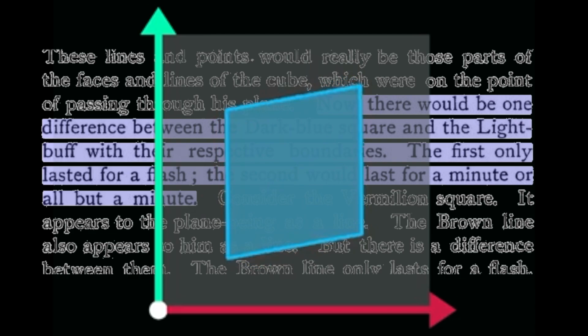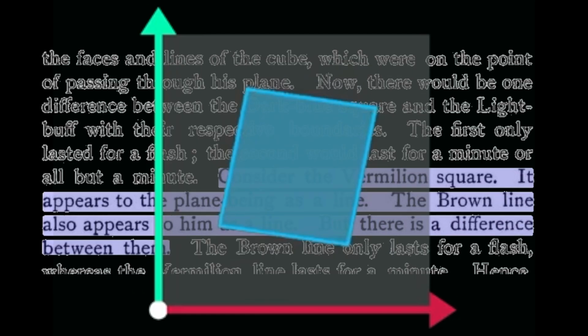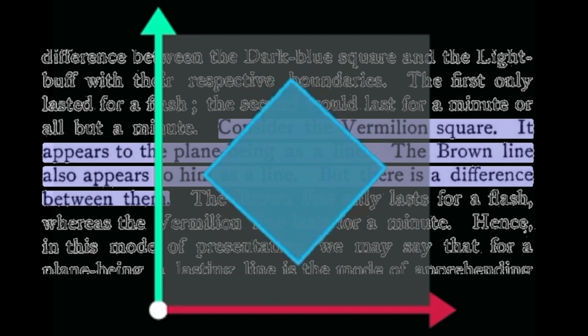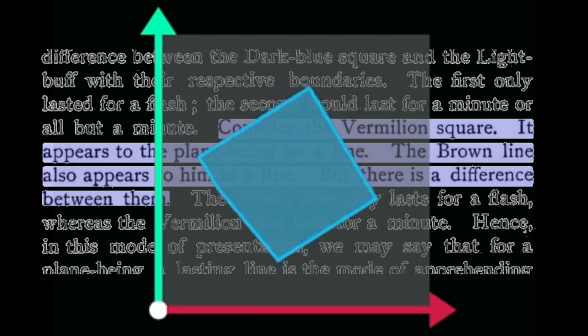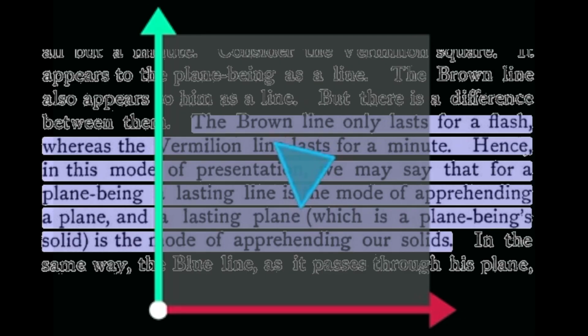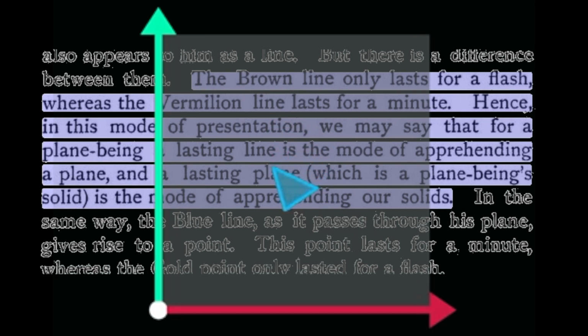Consider the vermilion square. It appears to the plane being as a line. The brown line also appears to him as a line. But there is a difference between them. The brown line only lasts for a flash, whereas the vermilion line lasts for a minute.